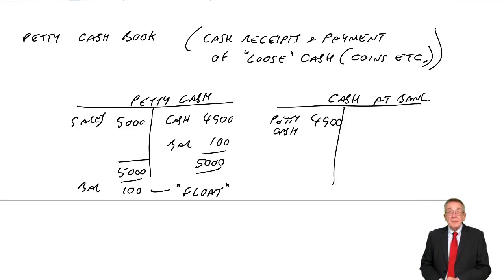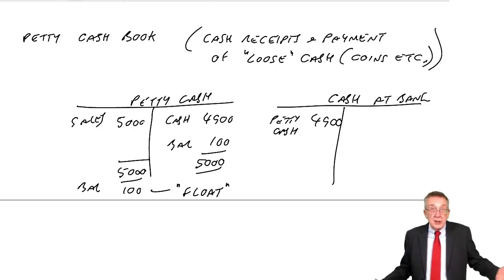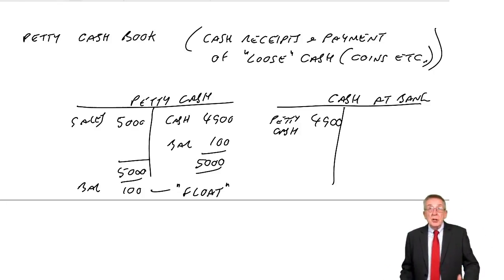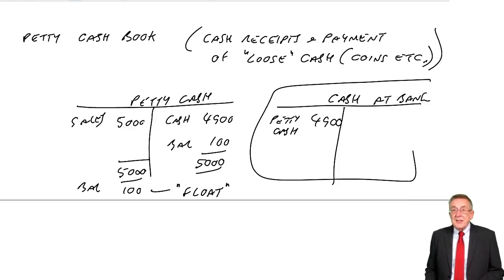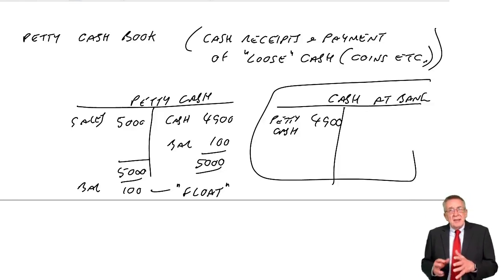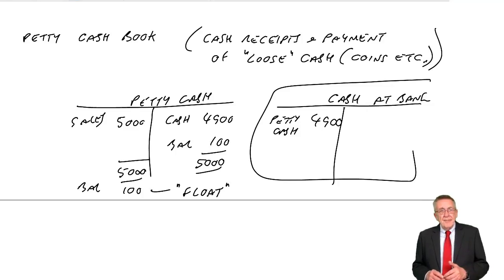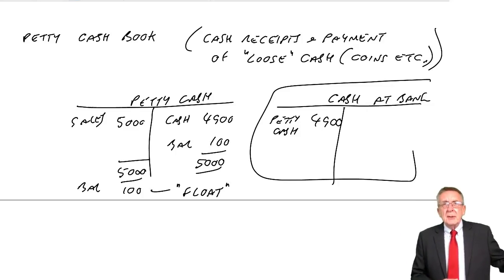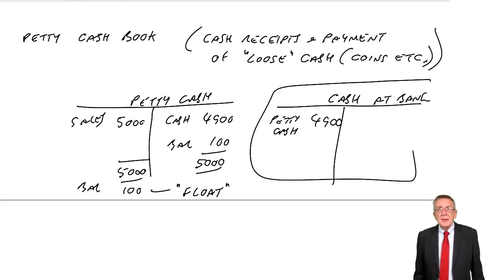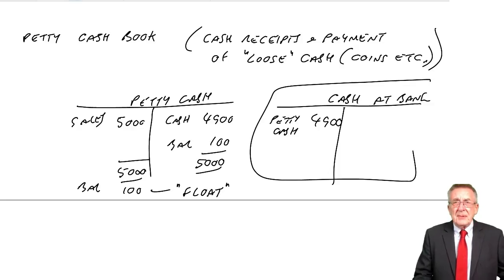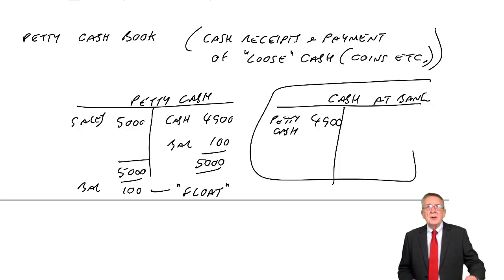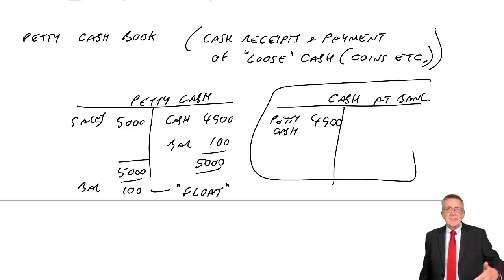There's not much involved there. However, other types of business, I would imagine, unless you work in a shop, the business you're in, most of the money will be in and out of the bank. But a lot of businesses do keep a little bit of cash in the office, loose cash, so that if they suddenly run out of coffee or toilet rolls or something, they've got perhaps $50 in loose cash, so they can always go and use a bit to buy toilet rolls.